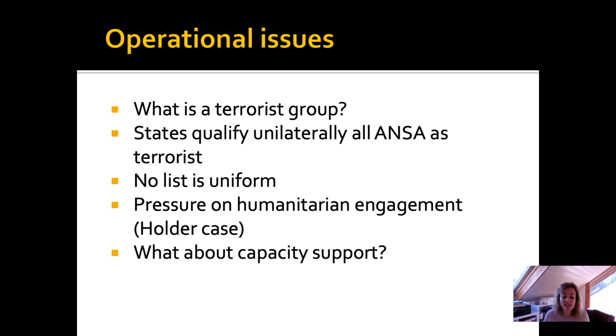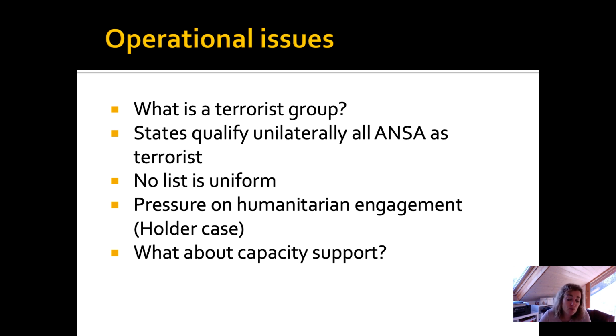So by saying it's a counterterrorism operation, it diverts the applicability of IHL to the action taken not only by the state, but also by the armed non-state actor. And we will see also that this can impact issues of trial of members of terrorist organizations.